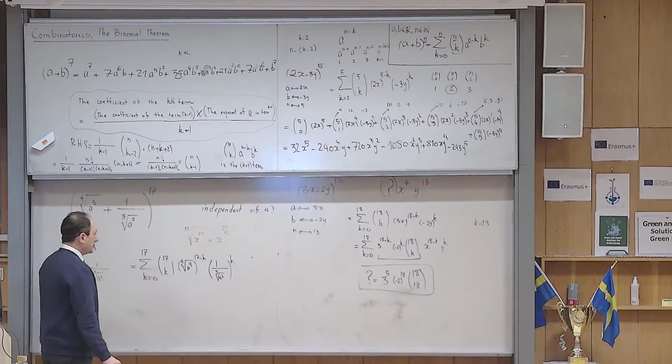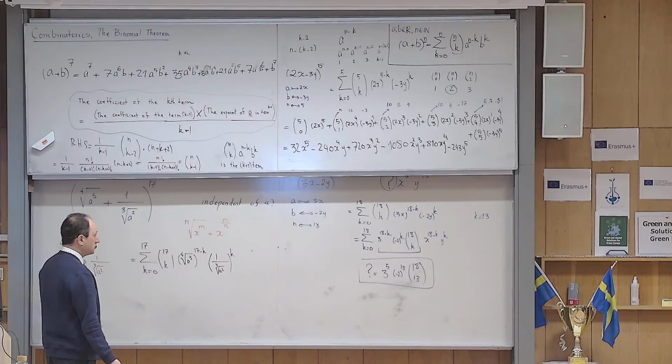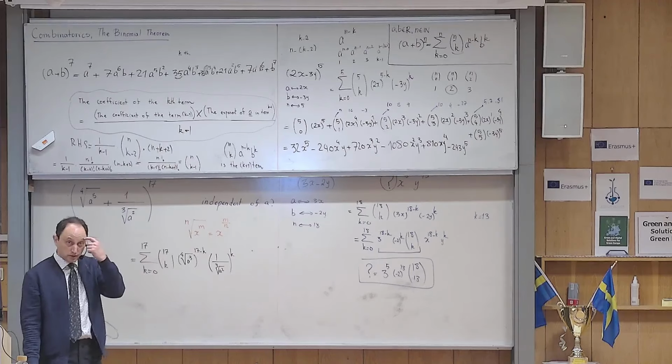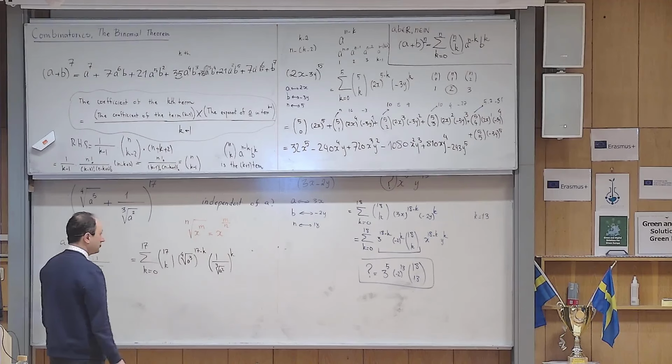But I want to get rid of a. A is there unless the combined exponent turns out to be 0. If the exponent is 0, then a is gone and cannot be viewed. So I have to do some simplifications.